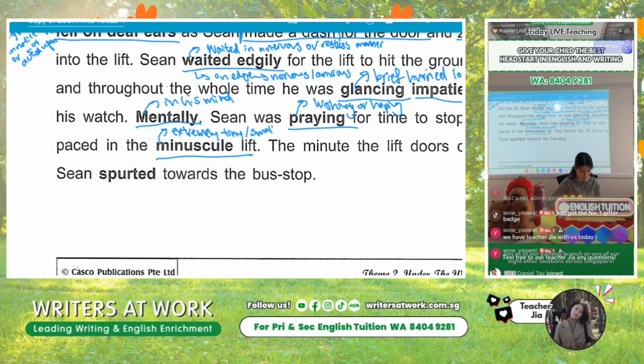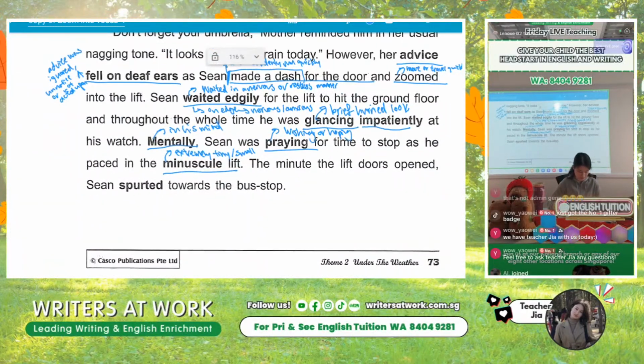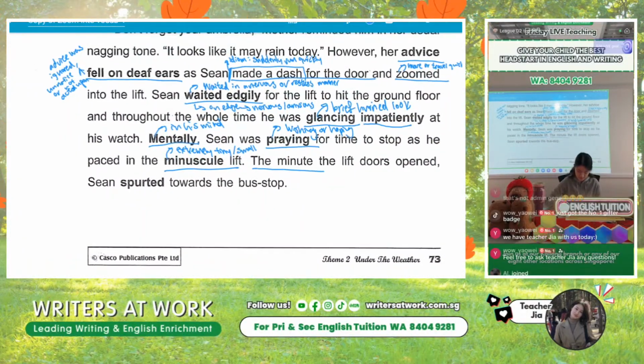Okay, when you say minuscule, you mean a very tiny or small place. Okay, the minute the lift doors open, when you're saying the minute the lift doors open, you're also showing, not telling, that it is immediately that Sean is in a rush. You're saying that the minute the doors open, he's rushing out. He's not wasting a second more. Okay, you're showing, not telling, that he's in such a rush. Okay, Sean spurted.